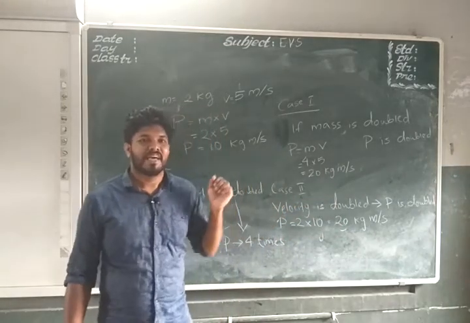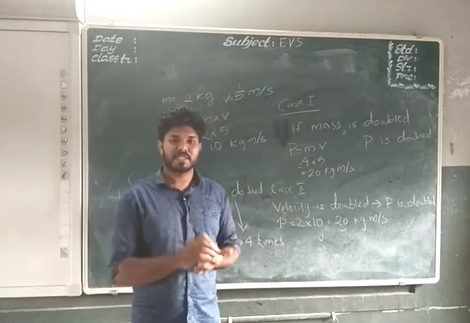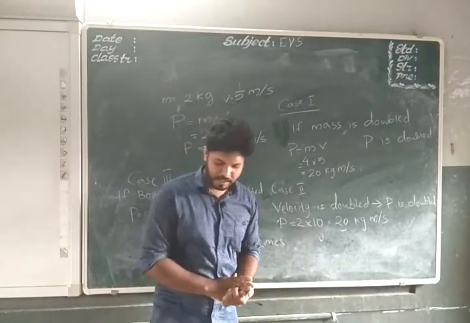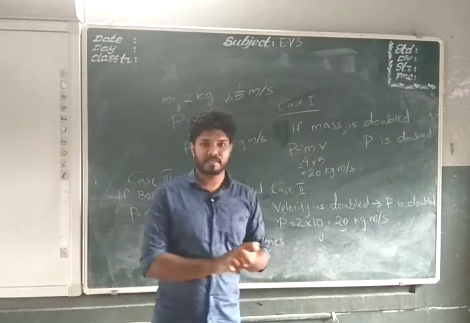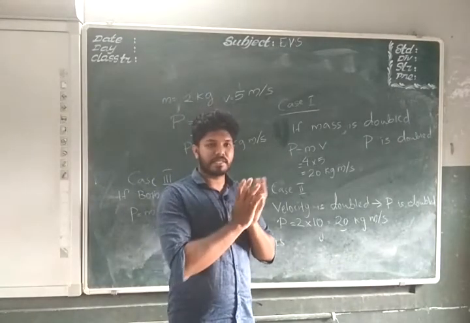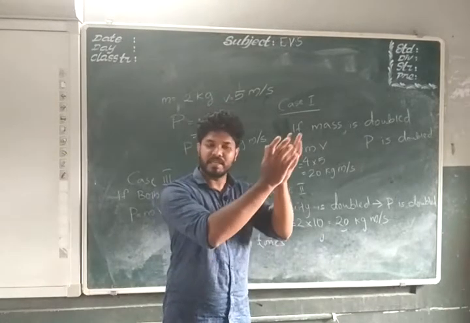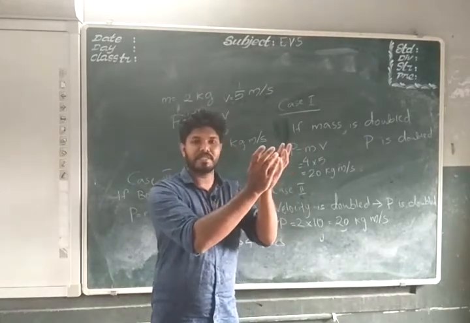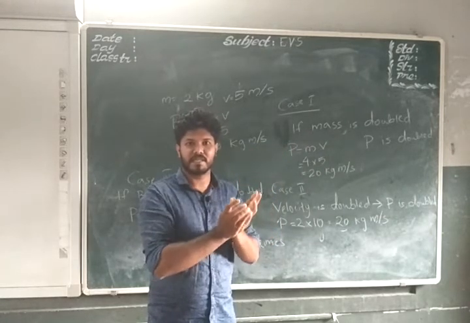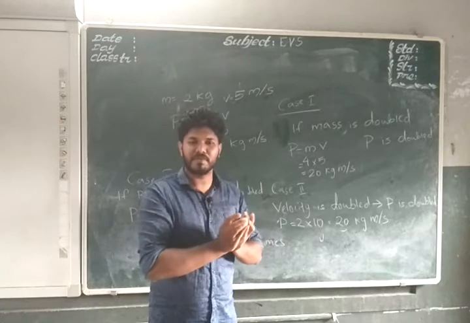Okay, now we will be discussing more about linear momentum, application of linear momentum. You see that in a cricket match, when the fielders are taking the catch, they will be pulling their hands backwards, isn't it? For what are they doing this?